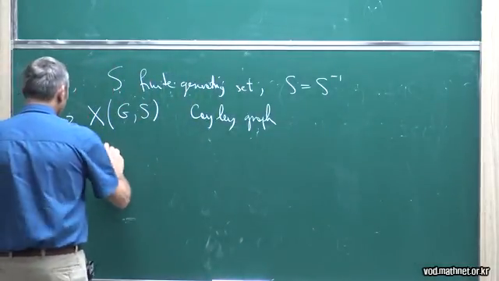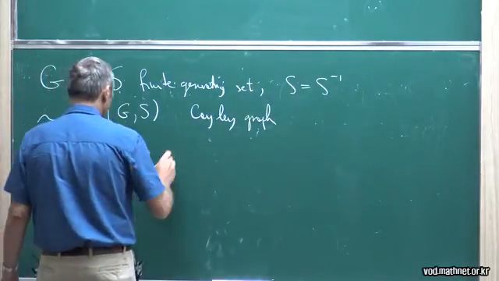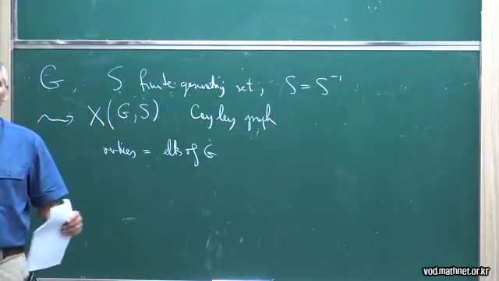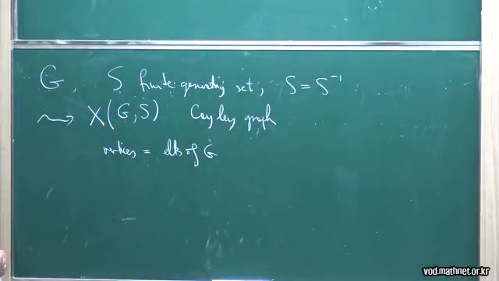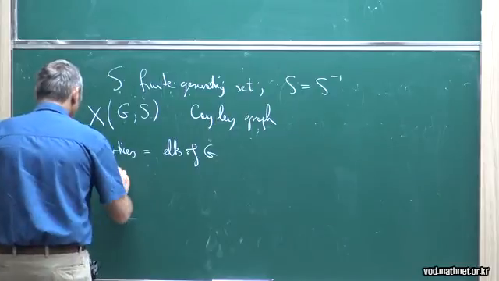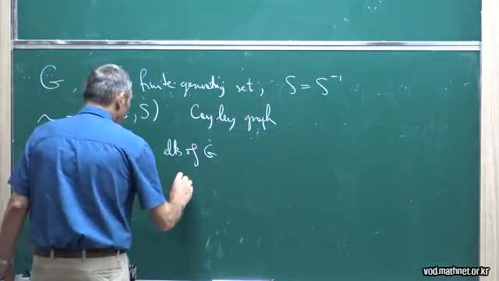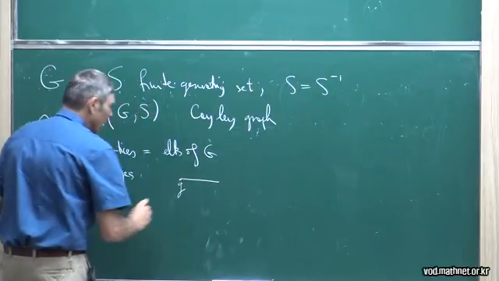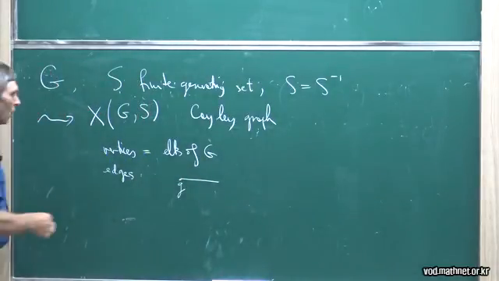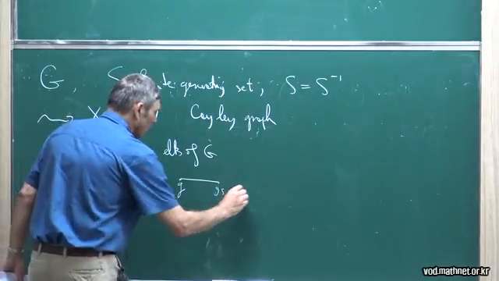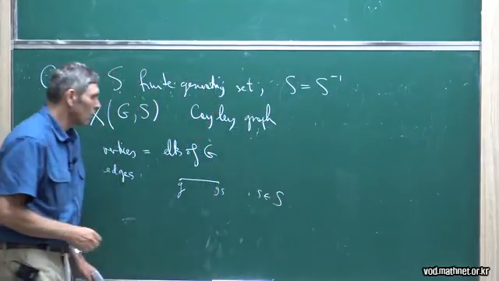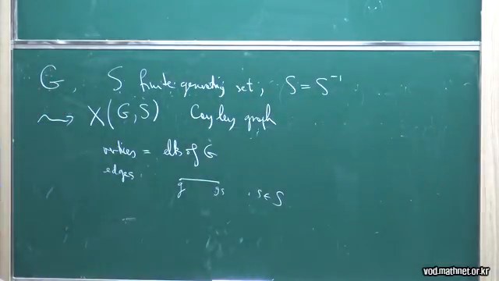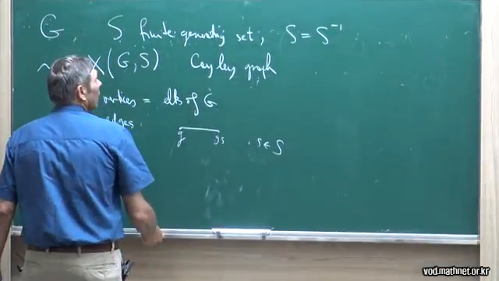So the vertices are elements of G. So you just imagine a discrete set in bijection with the group G. And then the edges, you draw an edge if two elements differ by an element of S. So in other words, you have an element of the group G, and then you join it to gs whenever s is in S. Okay, so whenever you see two elements g and gs like this, you put an edge between them.